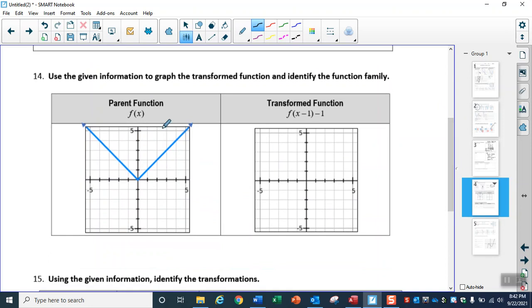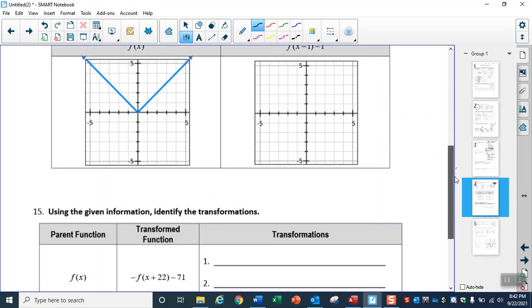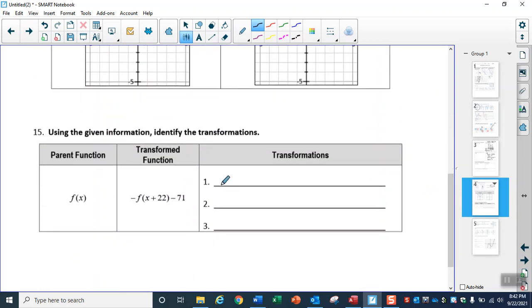And now I've got, oops, I'm going to 15. So, what are the transformations? All right, so I know this outside bit here is going to make it go down.